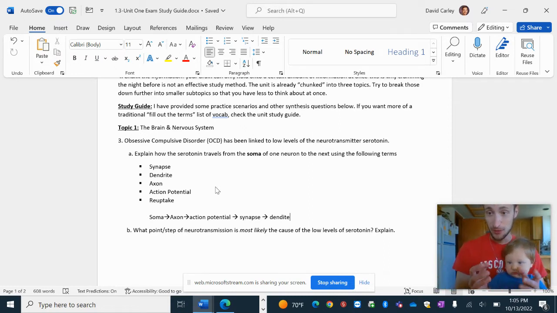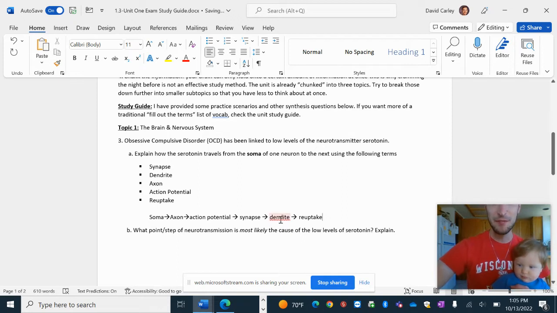Some of it will dissipate and go away, like me on a Saturday night. And some of it will go through reuptake, which means it gets sucked back up into the first neuron. So that's when reuptake happens, right at the end. And then you will continue to have this situation until there's not enough signal to cause action potential to occur.